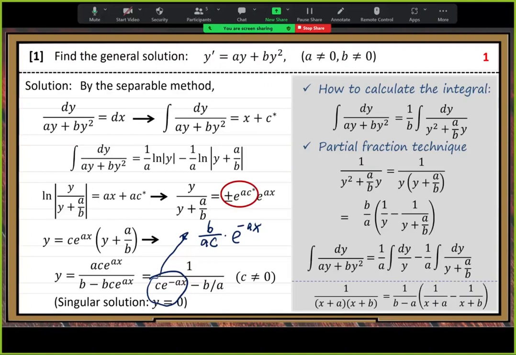If I do it this way, then you can see it's partial fractions: the fraction is capital A over y plus capital B over y plus something. Then we need to determine capital A and capital B. Usually you need to do a lot of calculation.